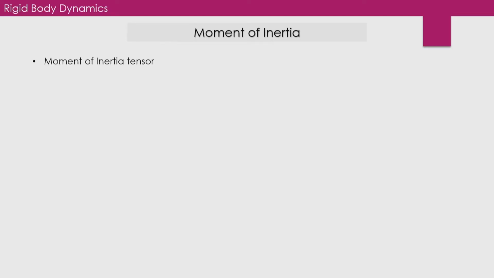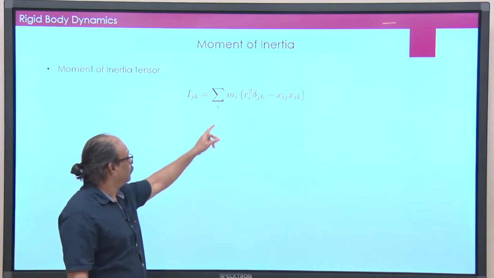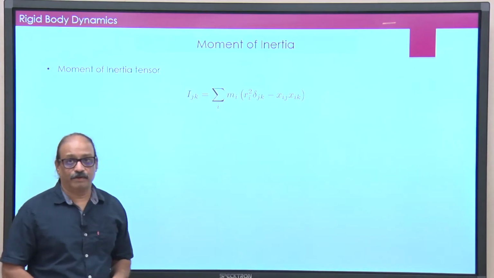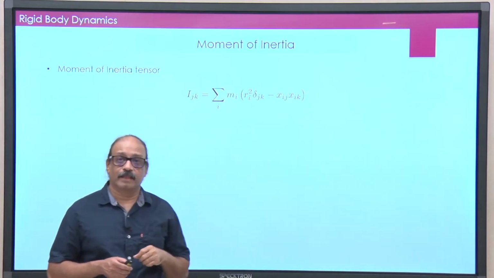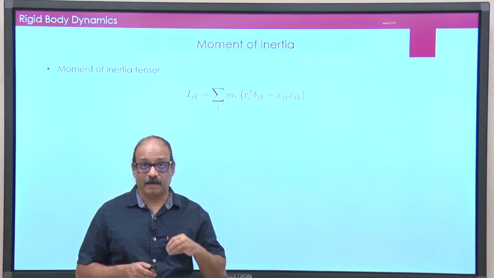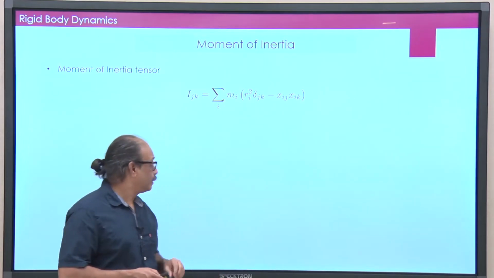Now, I will write it here again, I j k, which is the sum of m I r I square delta j k minus x I j x I k, and again remember this summation is over the particles, whereas j and k are the indices standing for the coordinate axes 1, 2, 3 for x, y, z.